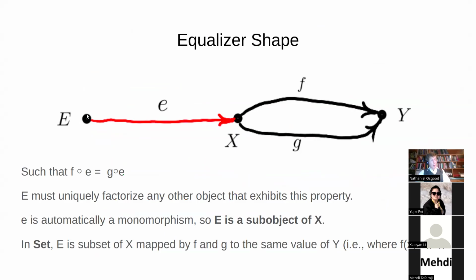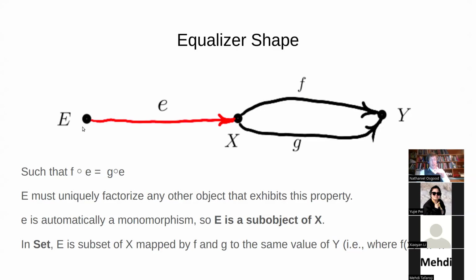And we could characterize the equalizer, this would be a monic arrow, as it always is. This is always an arrow that has the flavor of being injective. It's not going to take two vertices here and squish them down into one. No. It's going to maybe embed this in here.